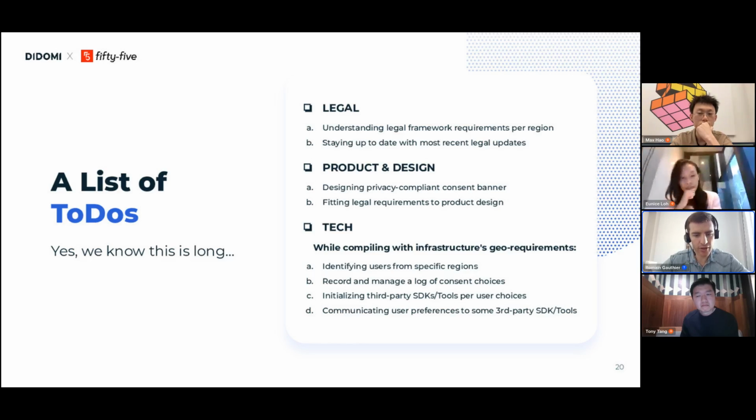And we believe that with 55 we can guide you through this journey and make sure you get the optimal performance. Max will now present a list of to-dos. So if now you want to move forward and progress on your implementation, what should you be doing? Max, the floor is yours.